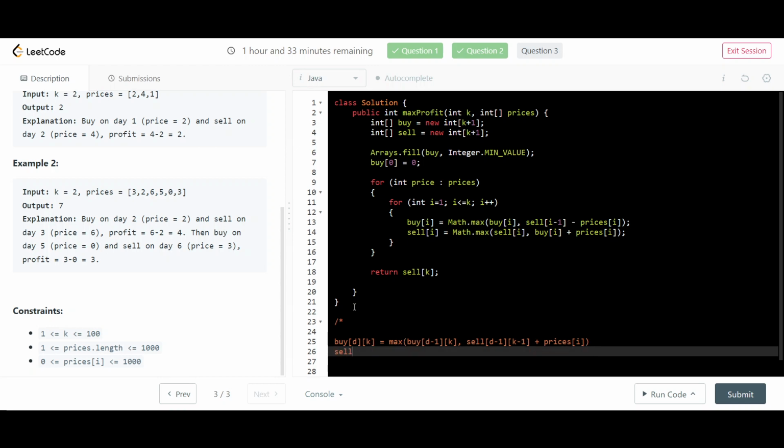And selling, sell would be: I've already bought k and I'm selling today.